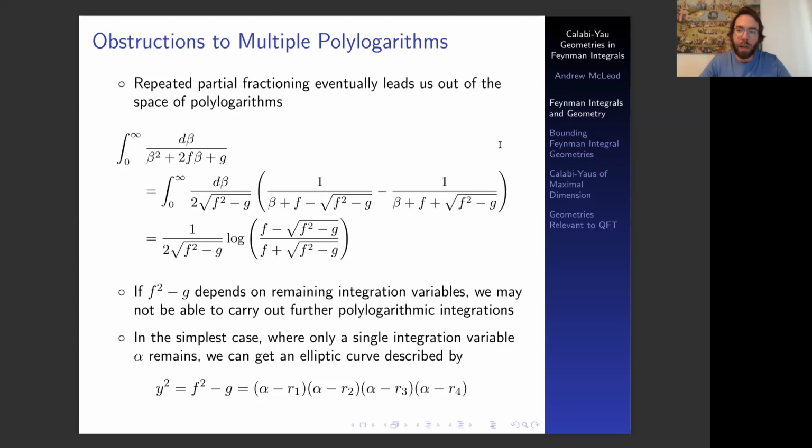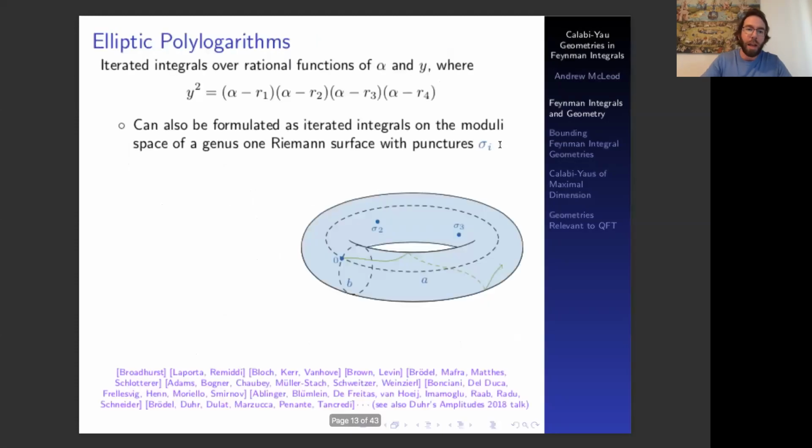And these can be described by introducing an auxiliary parameter y, which I've equated at the bottom here to some generic quartic polynomial where R1 through R4 are just some roots, which are going to be given by rational functions of the kinematics.